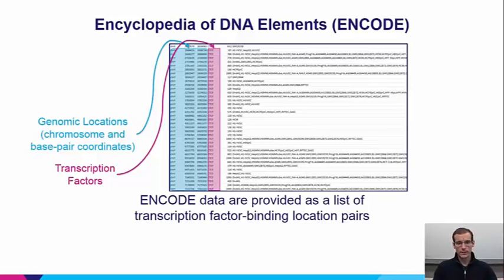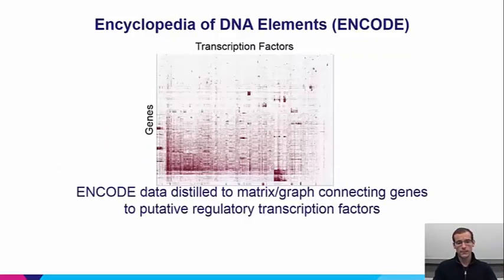And so what we can do with this data is we can also bring in information about where all the genes are located in the genome and convert all these genomic coordinates to actual genes, and then form a network shown in this next slide where we're connecting genes, which are labeling the rows of this matrix, connected to transcription factors, which are labeling the columns.